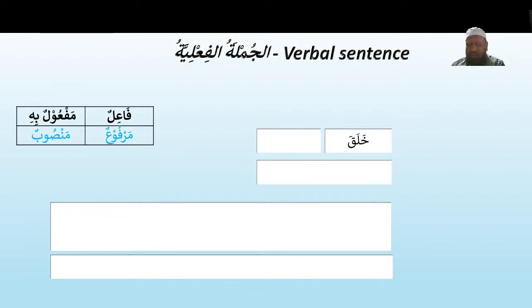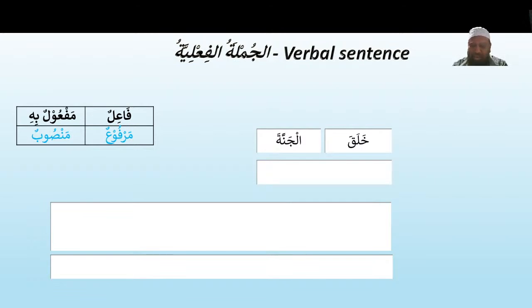So khalaqa al-jannata. How would we know the ism zahir or the fa'il is missing, or is not mentioned in this sentence?